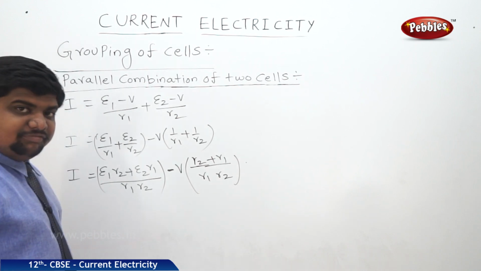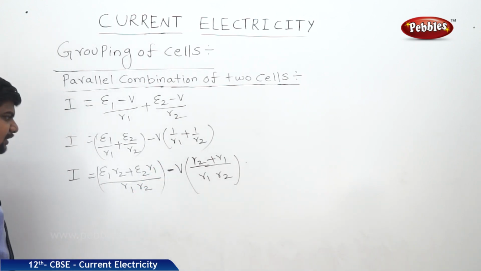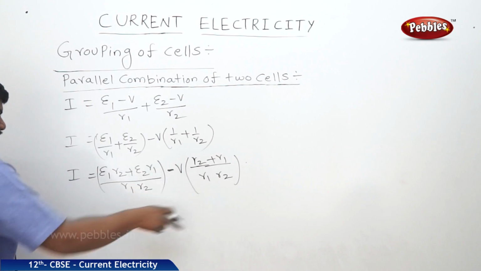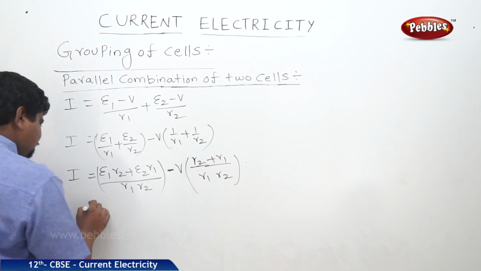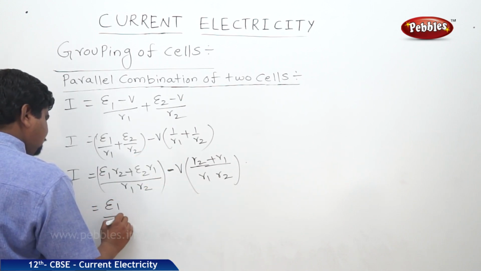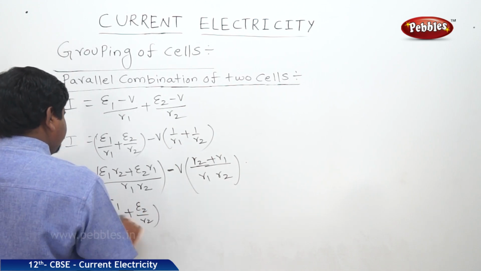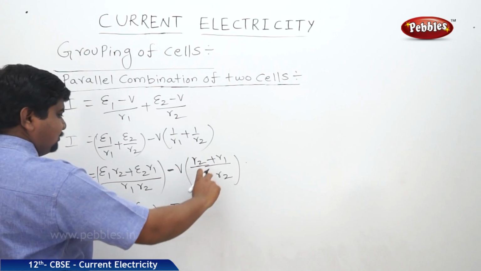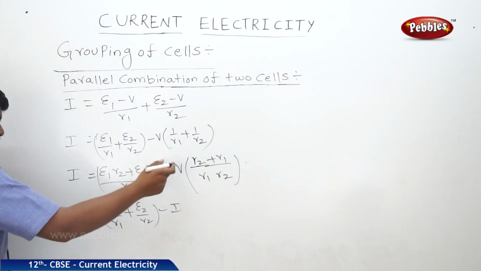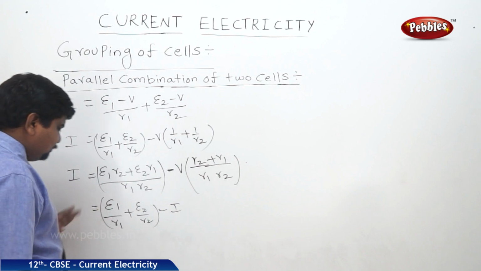Now I am finding the V value. So how will we find the V value? This whole will come here and I will go there. So this is E1 by R1 plus E2 by R2 minus I. This I is coming here. This V into R2 plus R1 by R1 R2 will go to the left hand side.